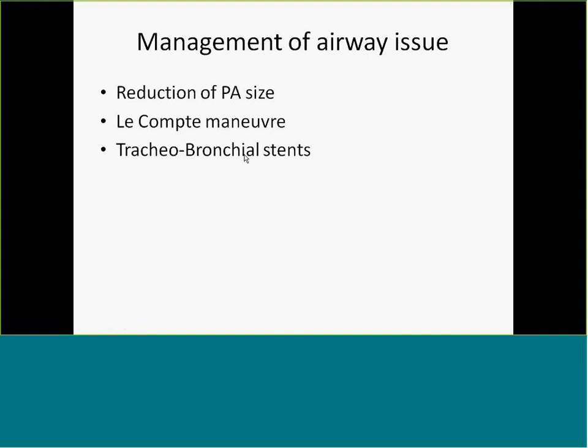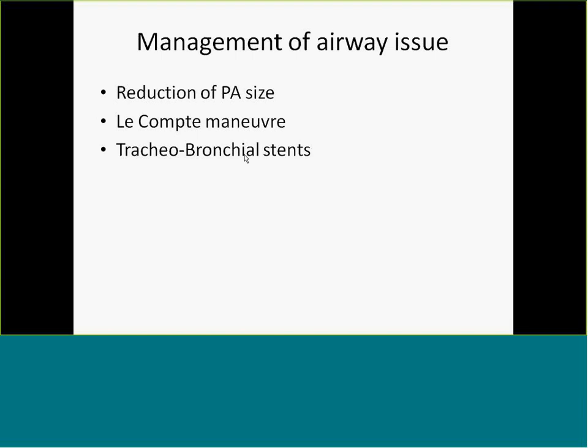management of absent pulmonary valve syndrome involves stabilization with ventilation and respiratory management, identification of genetic and other accompanying aggravating factors, and corrective surgery for pulmonary incompetence and BST. While you address the pulmonary incompetence and BST, you have to attend at the same time to the airway issue: reduce the pulmonary artery size, and bring the pulmonary artery anterior to the aorta with the Lecompte maneuver so that it prevents airway obstruction.